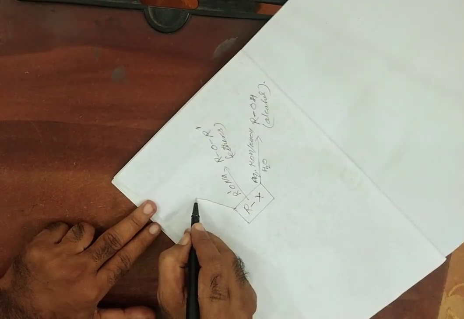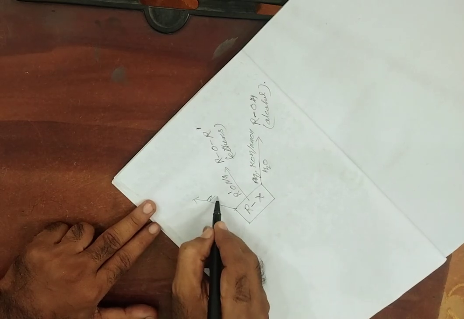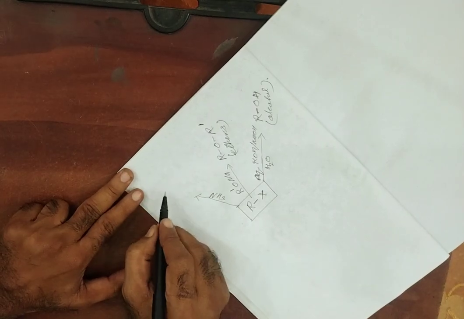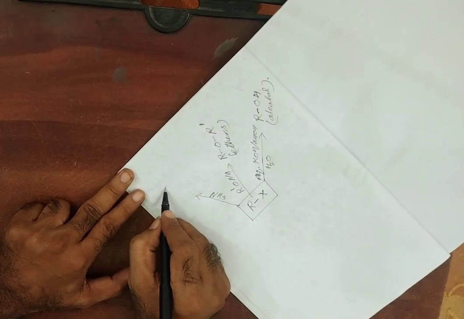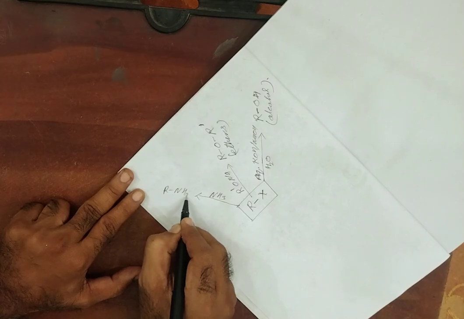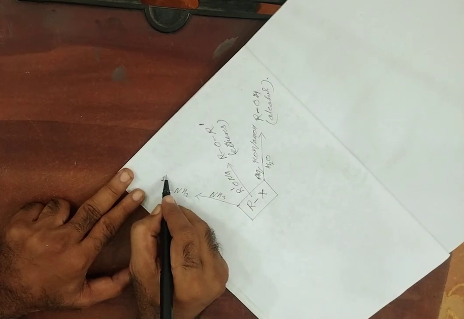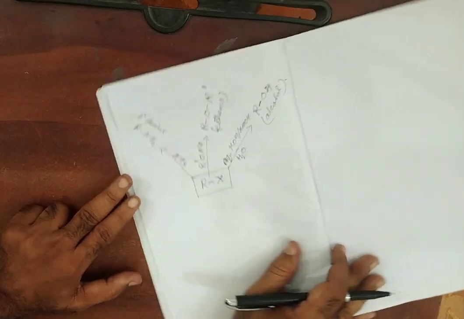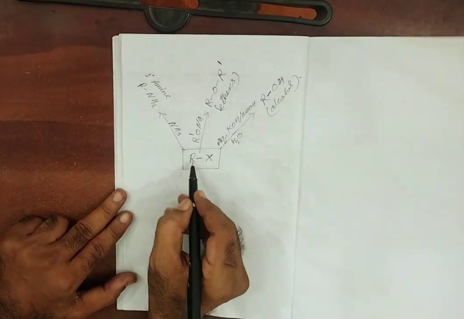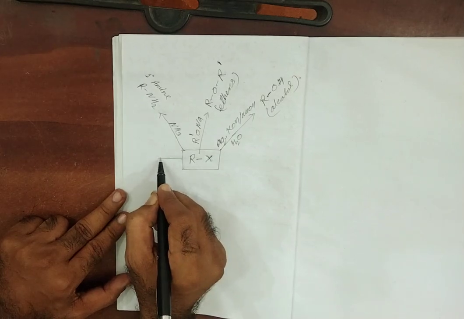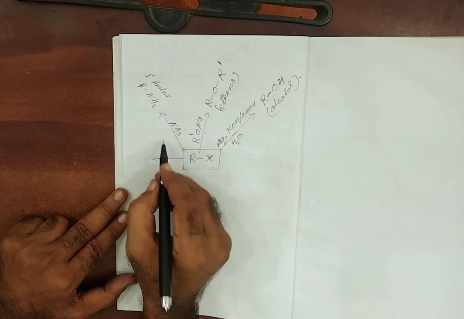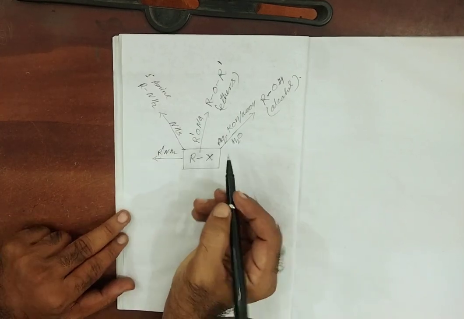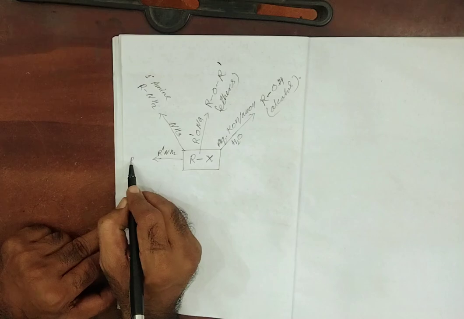If we treat alkyl halide with ammonia, NH3, then primary amine will be formed. If we treat alkyl halide with a primary amine like R dash NH2, then secondary amine will be formed.